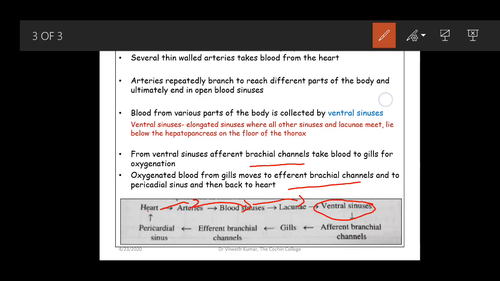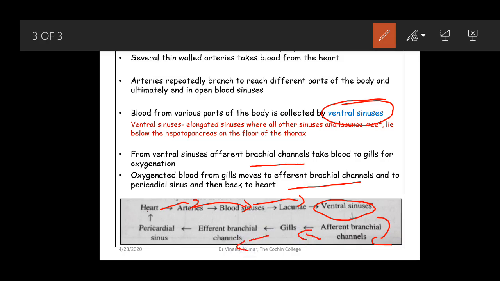As we talked about, this is the ventral sinus, which takes blood back to the heart after oxygenation in the gills. The blood is taken from the ventral sinus by the efferent branchial channel. We described what a channel is, and that takes blood to the gills. In the gills, oxygenation occurs.